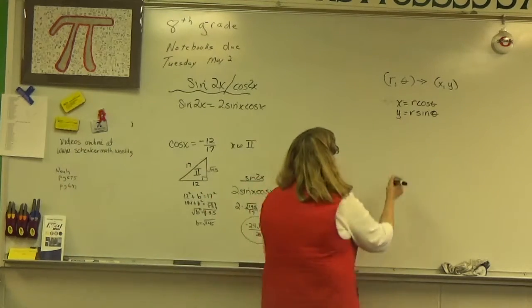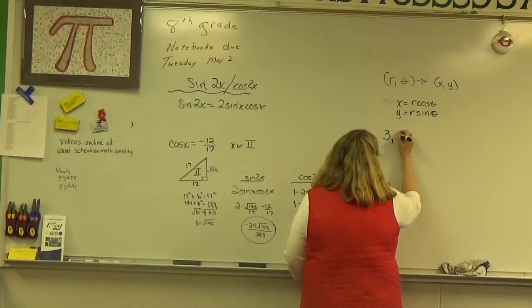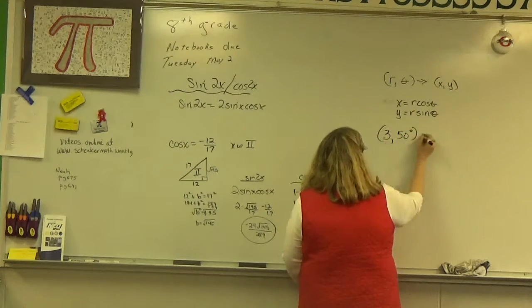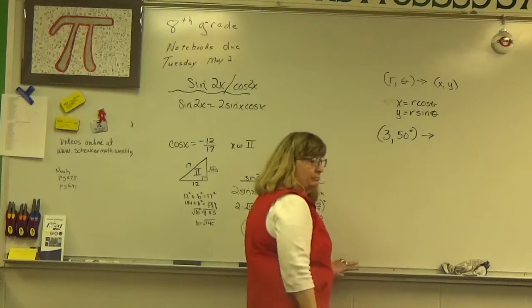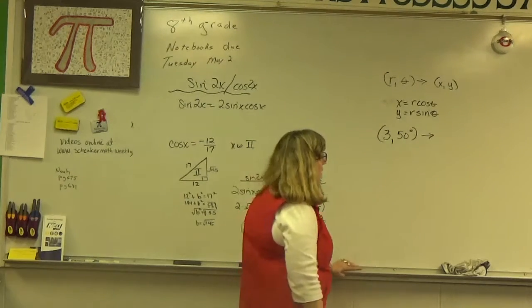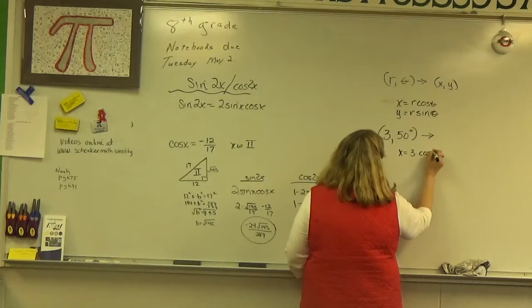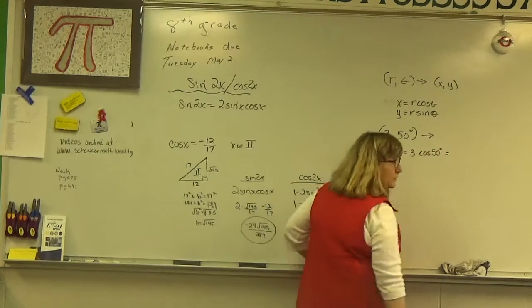So if I have 3, 50 degrees, to change it to its rectangular, it would be x equals 3 times the cosine of 50, so I need somebody with their calculator skills.